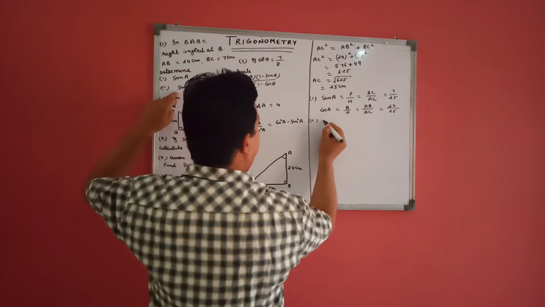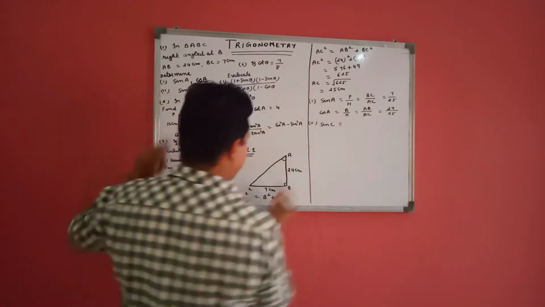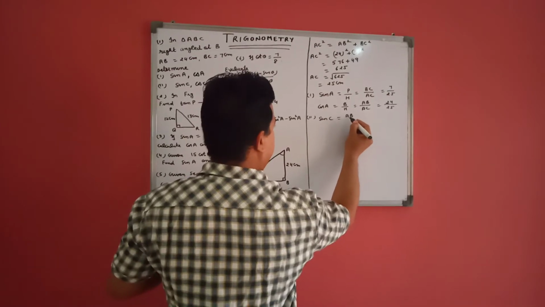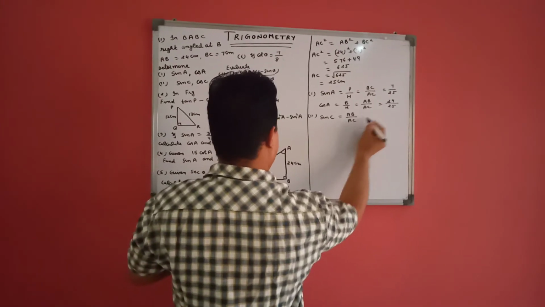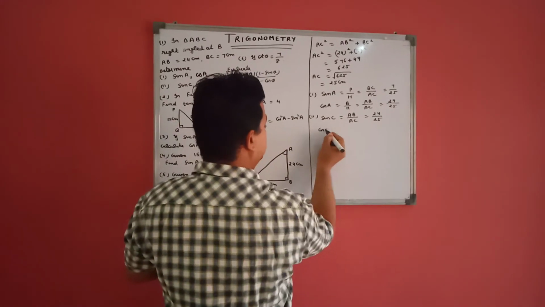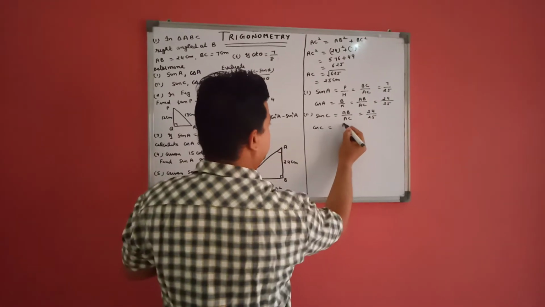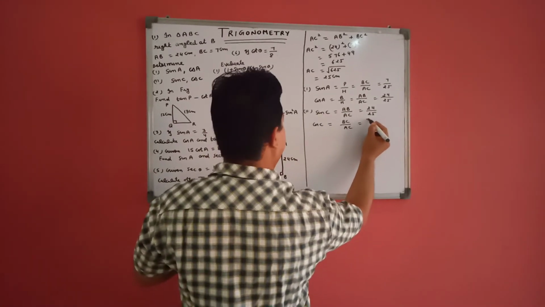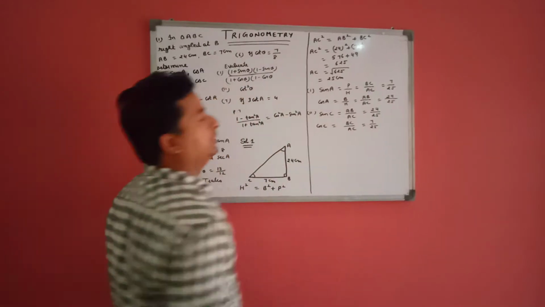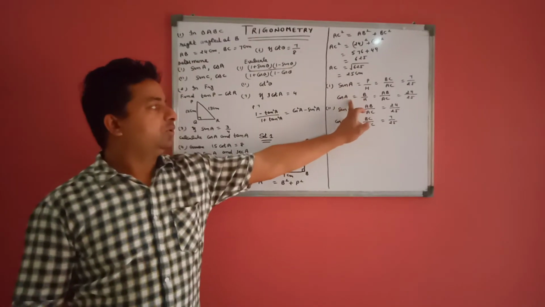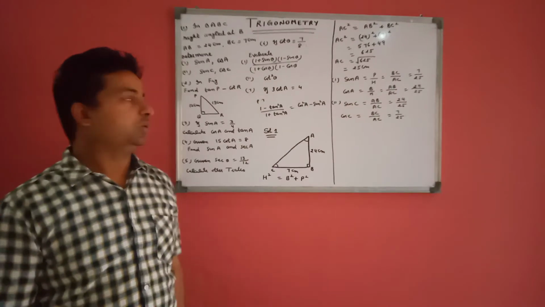In the second part, we find sin C. The side opposite is the perpendicular AB upon AC, which is 24 by 25. Cos C is base BC upon hypotenuse AC, which is 7 by 25. These are the required values: sin A, cos A, sin C and cos C.